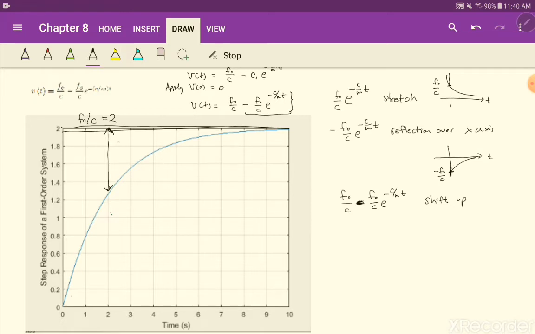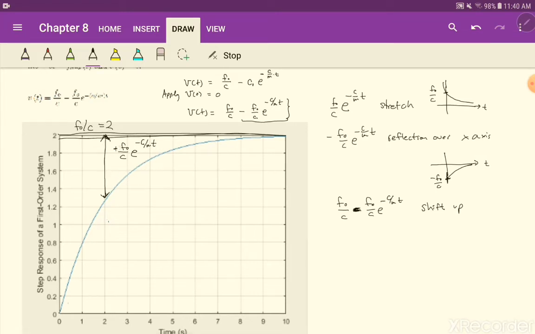So this is your minus f0 over c times e to the minus c over m t. Let me just say plus. I'm going to rewrite this as v sub t, which is the blue line, plus f0 over c e to the minus c over m t. What do you have? You have a total of f0 over c. Is it clear?